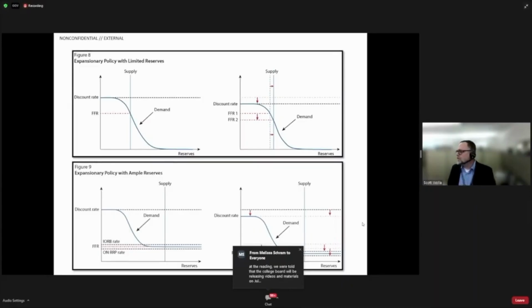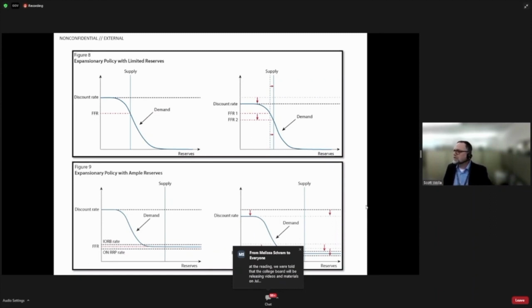And so the balance sheet, as we say, will eventually just roll off as the securities on that balance sheet mature. And so the Fed will from time to time have to use the open market desk to make sure that the reserves in the portfolio are ample. Great, thank you.